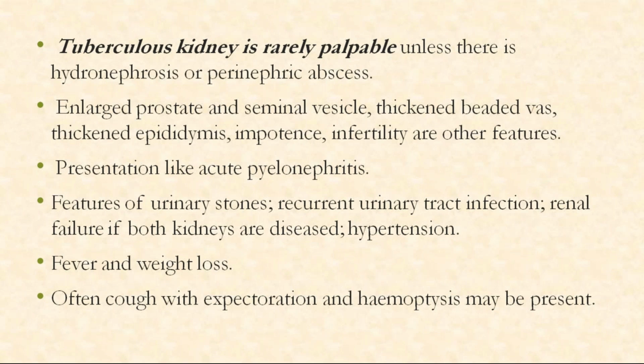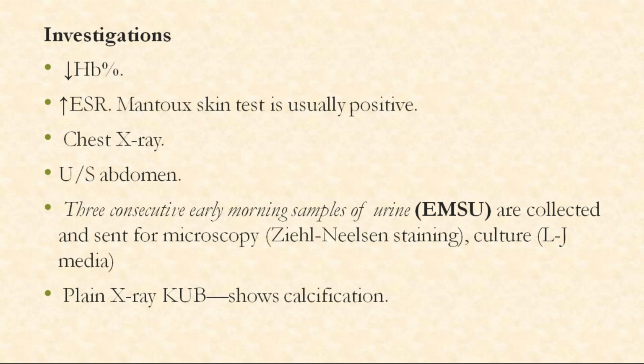Certain constitutional symptoms may develop, loss of weight and fever, when the patient is suffering from tuberculosis of the kidney. Sometimes the primary process may be present in the lung, so the patient may have hemoptysis and cough with expectoration. So these are the clinical features of tuberculosis of the kidney.